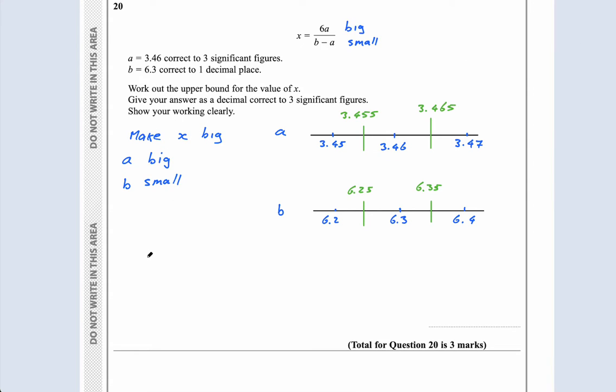So I'm going to say therefore our upper bound for X is equal to the upper bound for A, but there's a 6, just be careful.